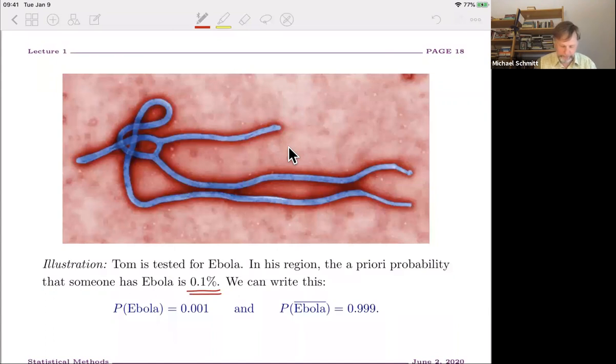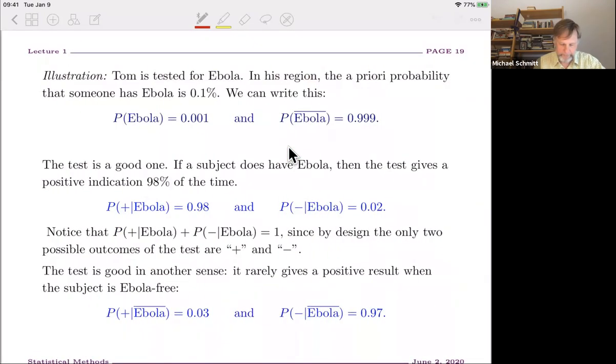And so he wants to know, given the outcome of his test, does he have Ebola or not? All right, kind of a big question. So this first piece of information is that the probability of Ebola is 10 to the minus 3, which means the probability of not having Ebola is 1 minus that, 0.999. Okay.